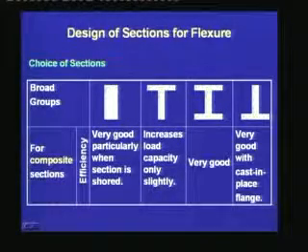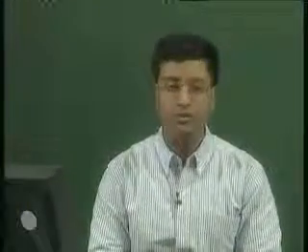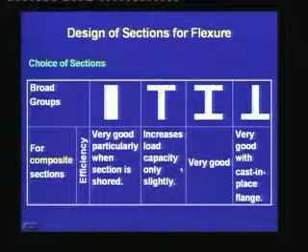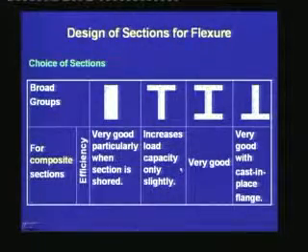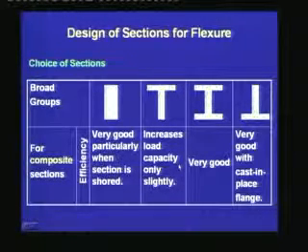Now let us see the properties of the sections when they are used as composite sections. That means there will be a topping slab above these sections. Regarding efficiency, the rectangular section is very good when the section is shored during the casting of the topping slab.